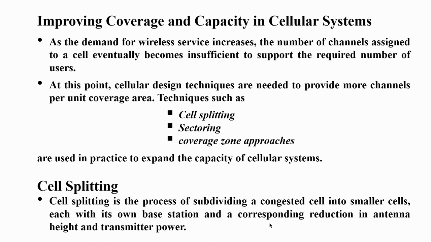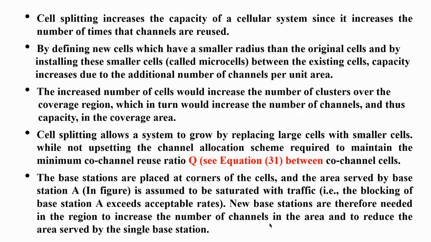Each small cell has its own base station and an antenna with lesser height, and it transmits with low power. So that split cell acts as an independent cell, thereby accommodating more users. This concept is called cell splitting.